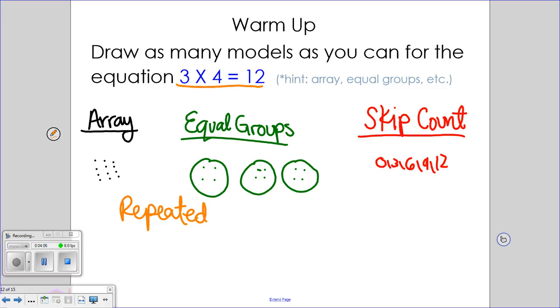We're going to watch Maylee and see what she does for repeated addition. Watch your arms so you don't put it on there. Very good.